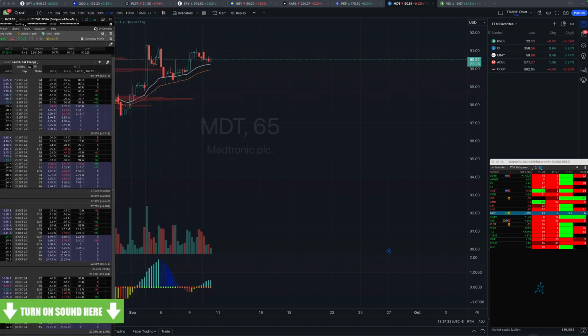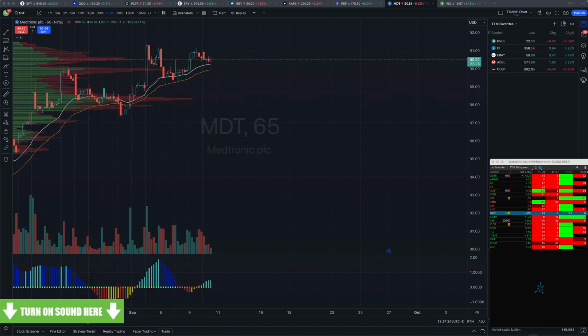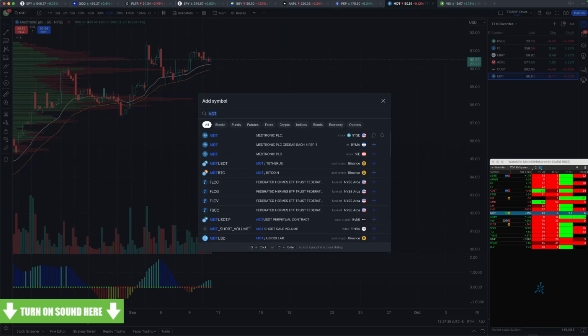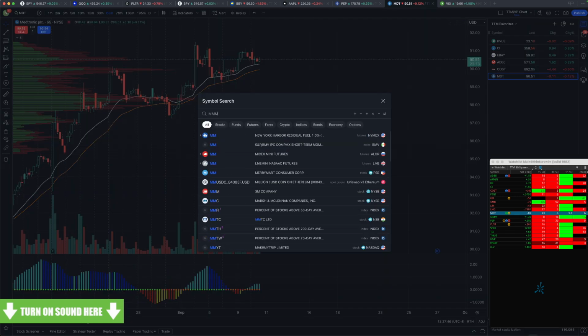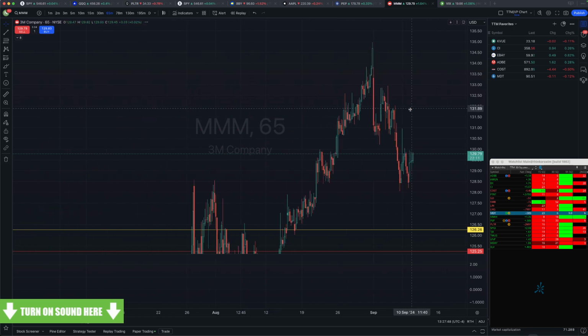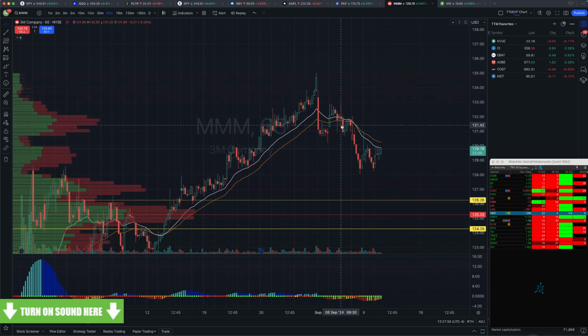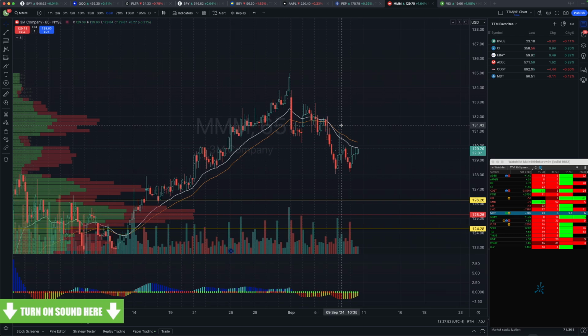That's a playable option. So I'm going to put MDT on the list. This is kind of boring stuff, right? But you've just got to grind through your lists. MDT was probably the best looking chart I've seen yet.